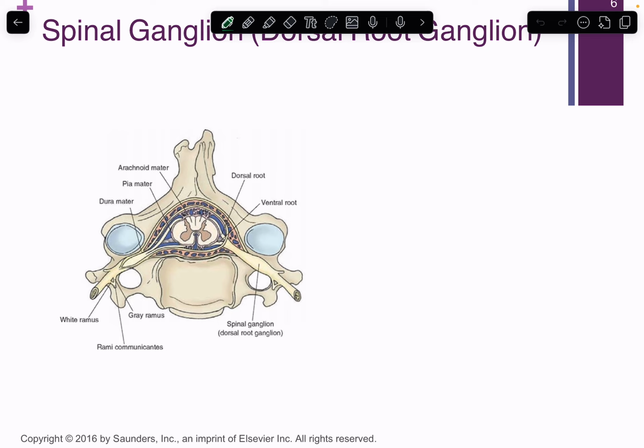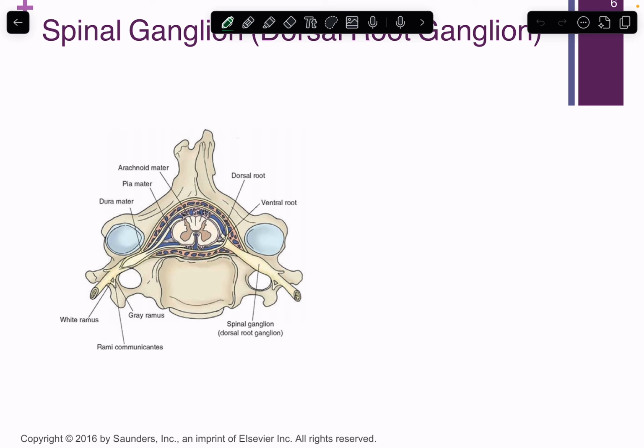And this CSF cushions the spinal cord, provides nutrients, removes waste, and helps maintain a stable environment. So the subarachnoid space is accessed during procedures like the lumbar puncture or the spinal tap, to get a CSF sample for diagnostic purposes. So inflammation of the arachnoid mater, often from infection, is known as arachnoiditis, and it can cause pain, numbness, and neurological issues.